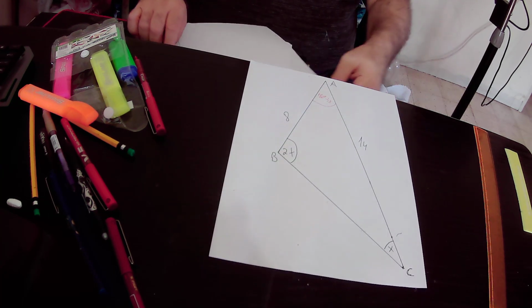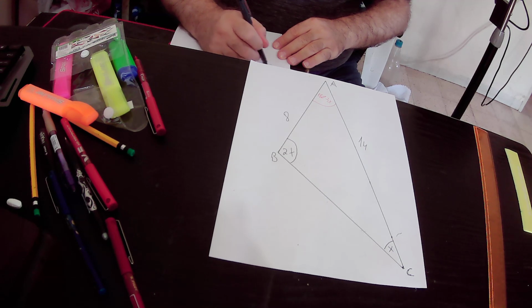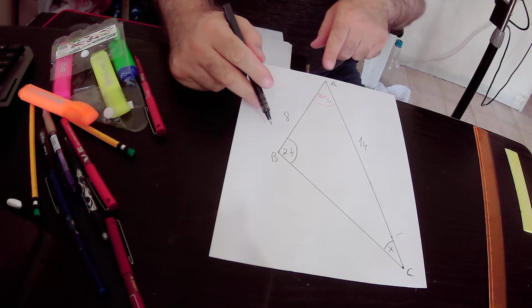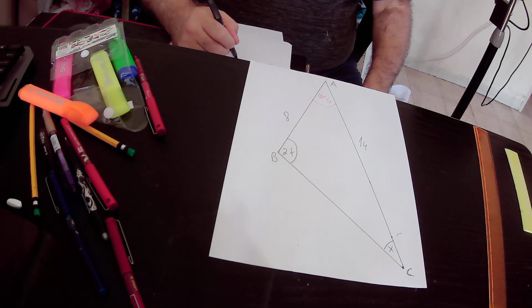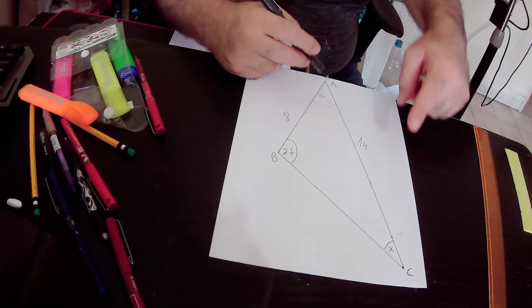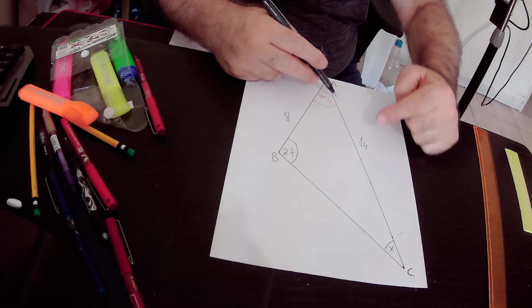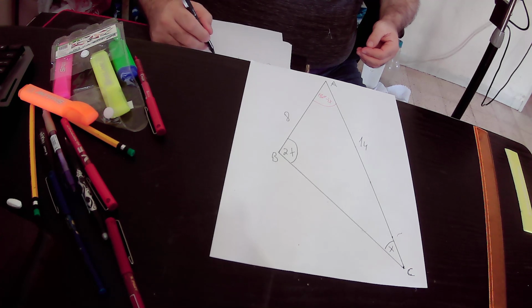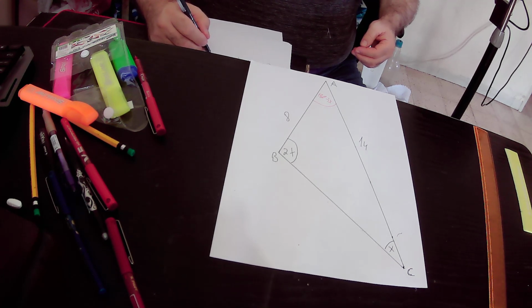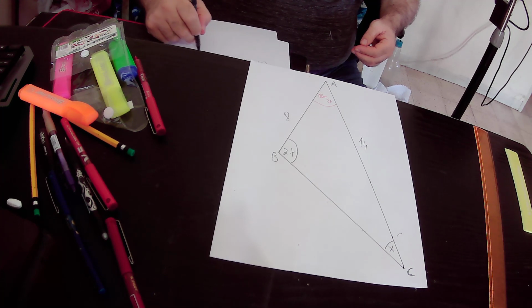But what is the value of AB? AB equals 8 units according to what is given in the question. And what is the value of AC? AC equals 14 units according to what is given in the question.